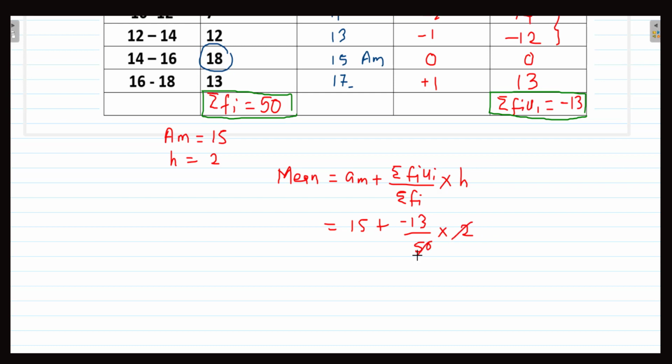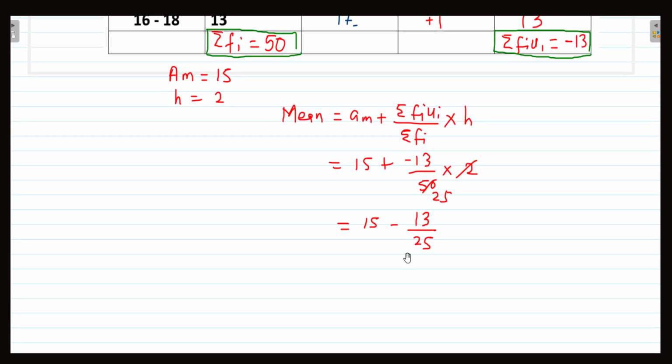So 2 ones are 2, 2 25s are 50. Which is equal to 15 plus minus, minus 13 by 25. So 13 by 25 is 0.52, so 15 minus 0.52, which is equal to 14.48.